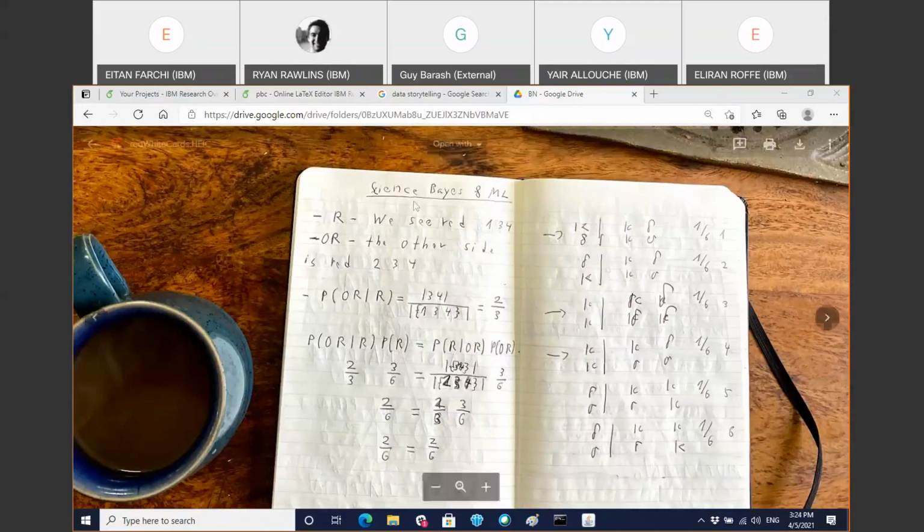So this is the Bayes rule in the scientific method.